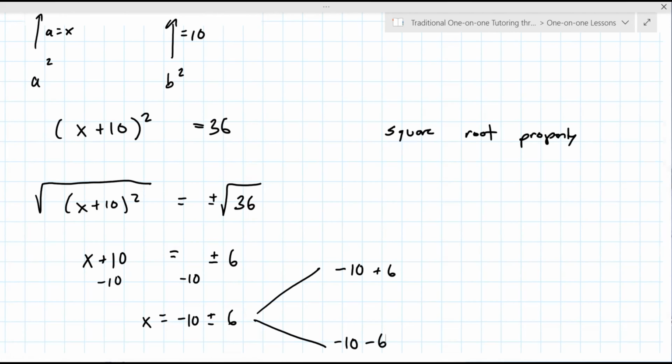Is that okay? Yeah, I've seen that where it's either a plus or minus whatever number you get by squaring the equal number. Yeah. Okay, so our final answers are minus 4 and minus 16. Let me know when you've gotten all this down, and I'll go back up and we'll look at the actual answers.